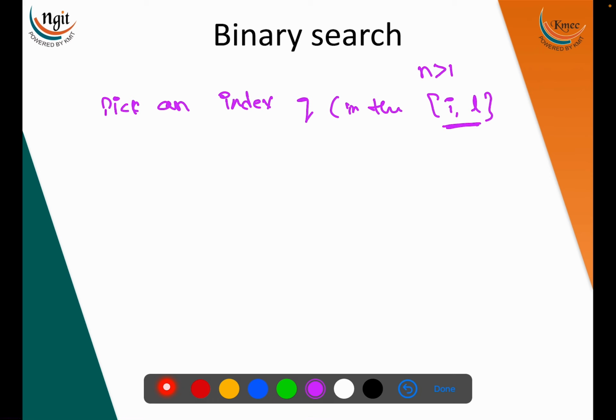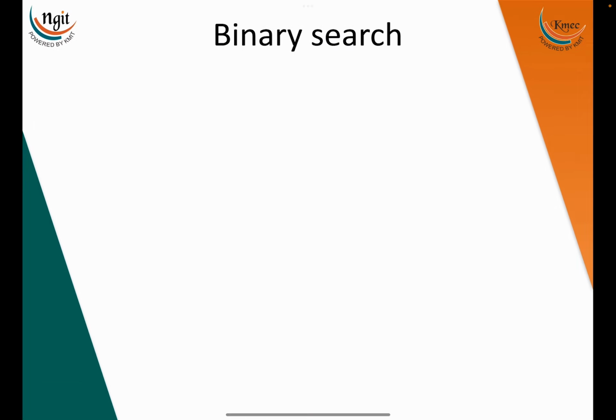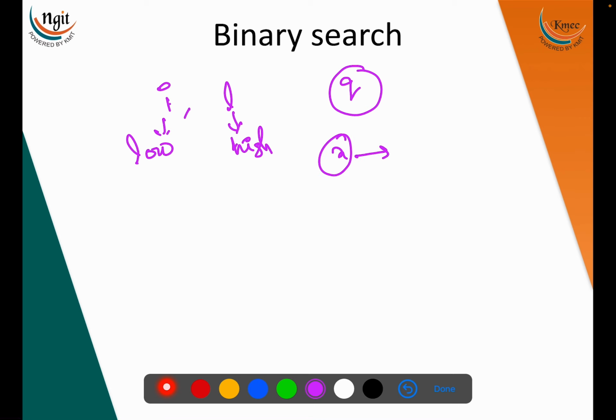You can assume i is the starting index, the low index, and l is the last index, the high index. So now we have to pick an index q and compare x with a_q. What is x? The searching element, the element you want to search for from the list. And q is an index from the array or list.